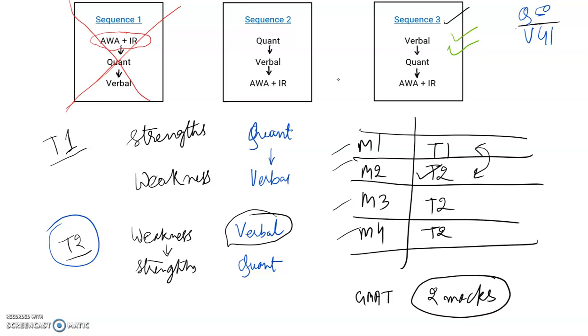You probably may not need to do mock 5 for understanding which sequence works for you. But in case you feel after the 3rd mock that you need to try T1 once more, then I would recommend taking the 5th mock, where you take the order as T1, and then you finally go for the GMAT and follow T1 on the GMAT.